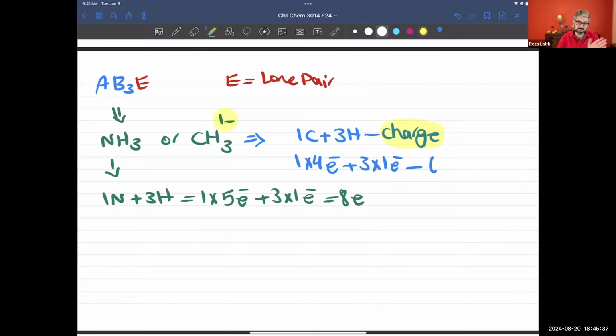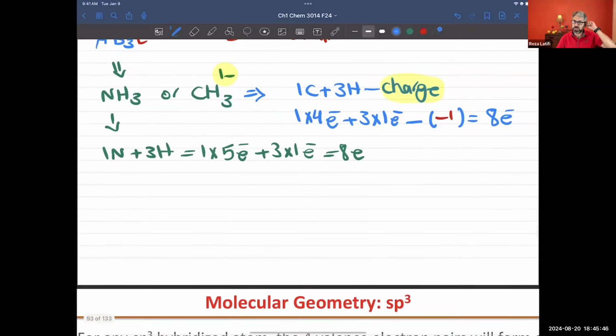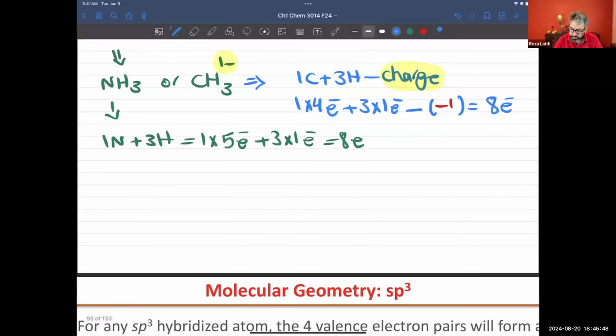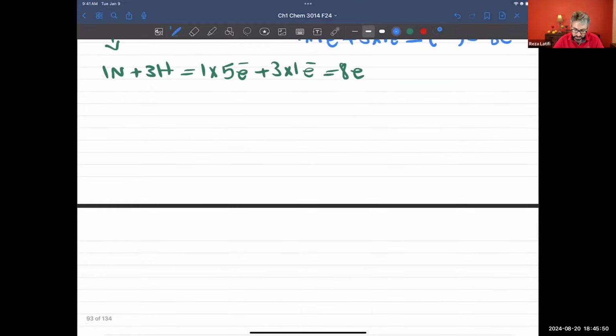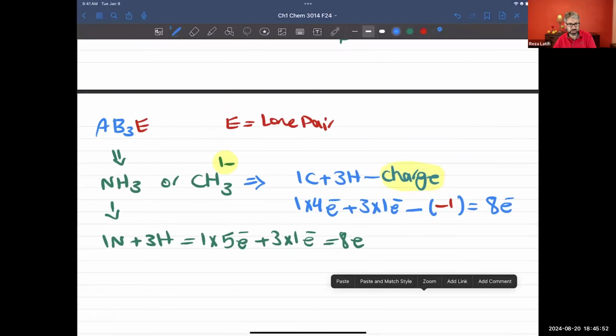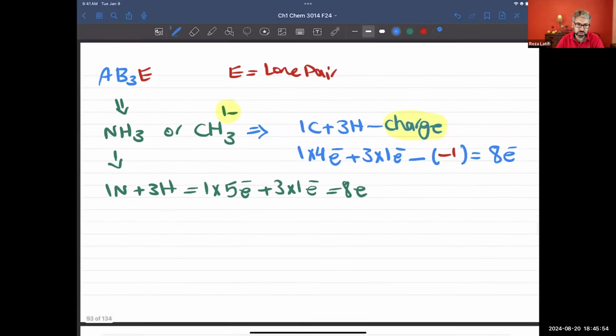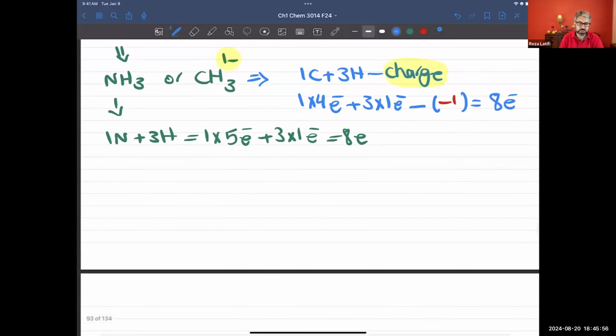Remember, we are saying minus of the charge. So it will be minus of minus 1. And that's going to give you 8 electrons. So let's go with CH3 minus 1 first, and then we're going to show the NH3.